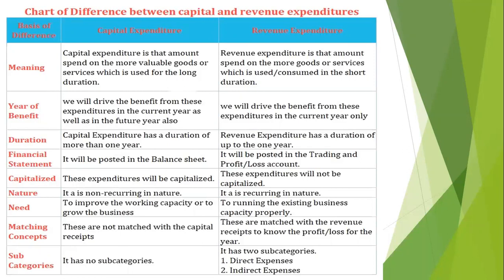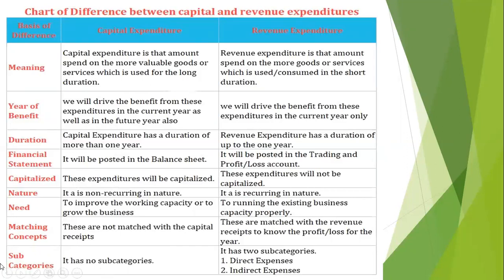This is the most important page regarding the topic, because once you are clear about the difference between capital and revenue expenditure, you will be able to solve practical solutions without any error, because you can differentiate between the two expenditures and place them in financial statements where they should be entered to arrive at the correct profit.